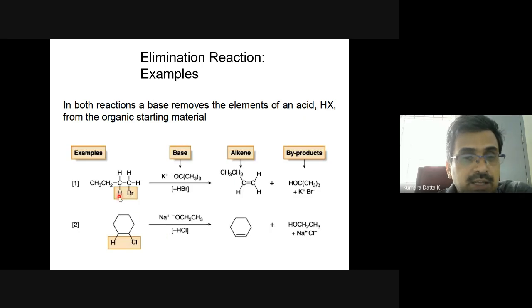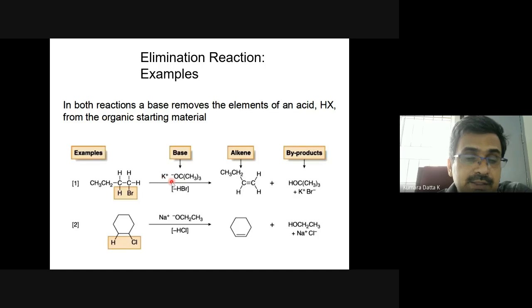Here you have bromine and hydrogen on a cyclic carbon ring. You take potassium tert-butoxide, where the H of KOH is replaced by a tertiary butyl group.